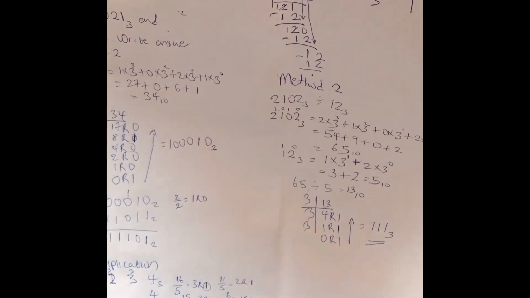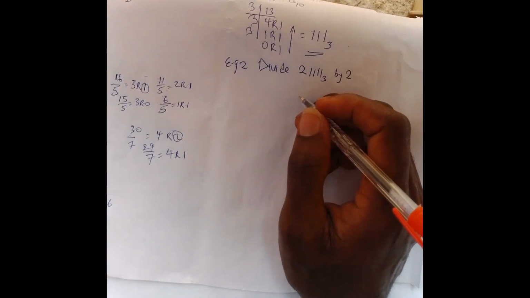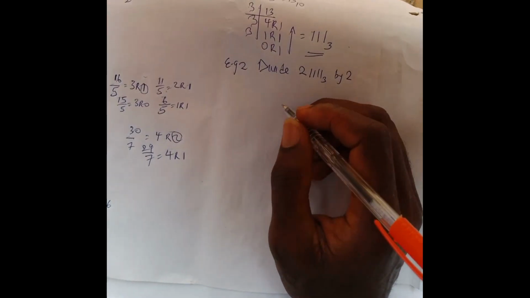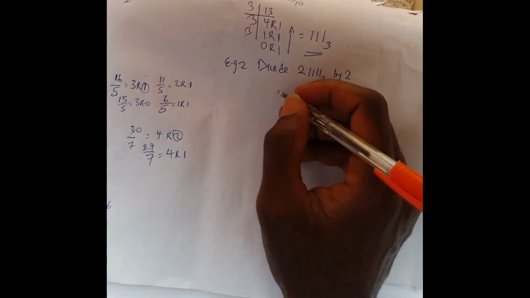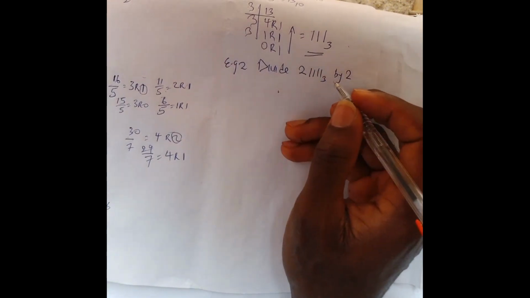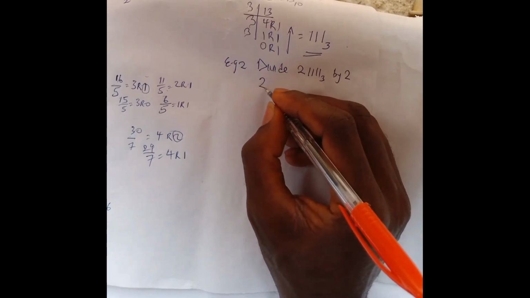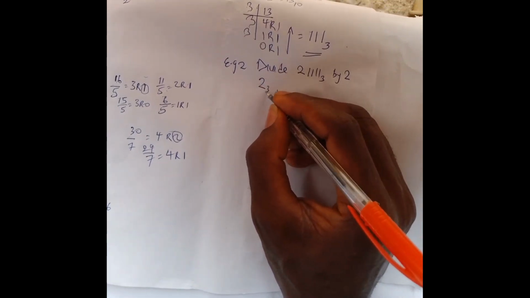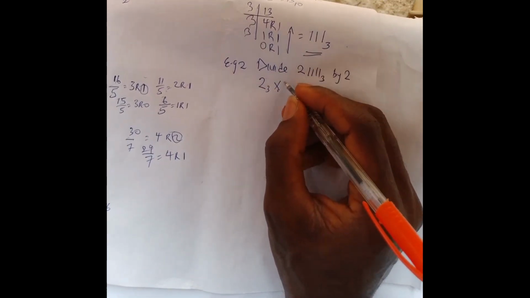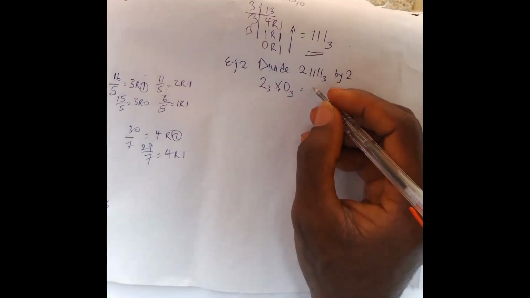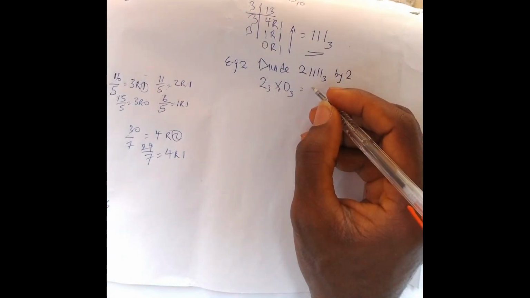Now let's divide this one. Let's write the multiplication table for 2, because that's what they asked us to divide it by. So 2 base 3 times 0 is equal to 0 base 3.